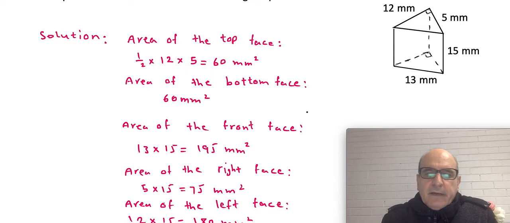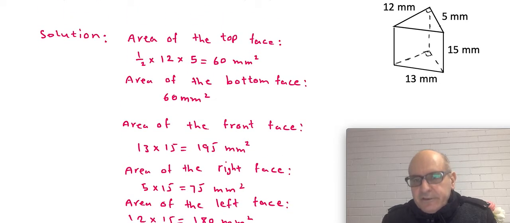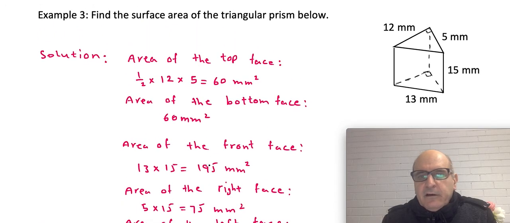Then we have area of the right face. This is the right face, this one. So it's a rectangle again, times them 5 times 15. That gives you 75. Then we have area of the left face.